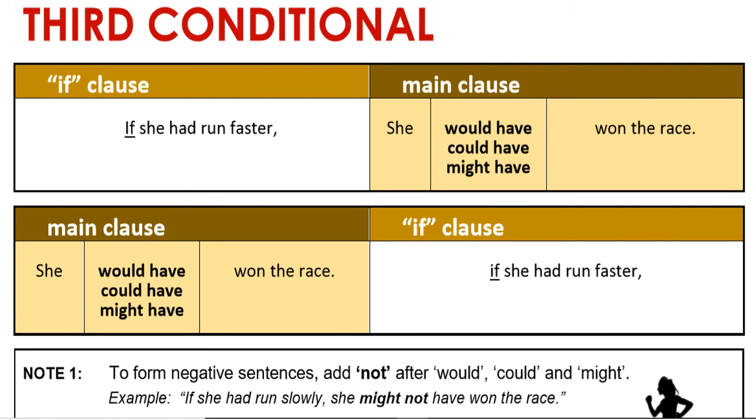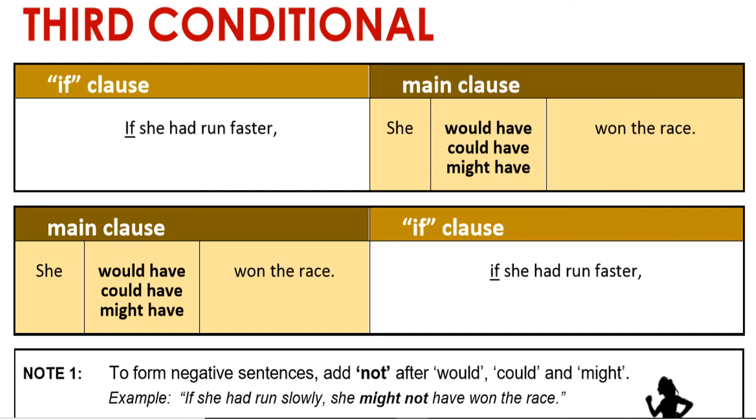If we start with the opposite sentence, she would have won the race if she had run faster. Here, no comma. If you use had for positive, you can use hadn't for negative. You can use would for positive, wouldn't for negative.